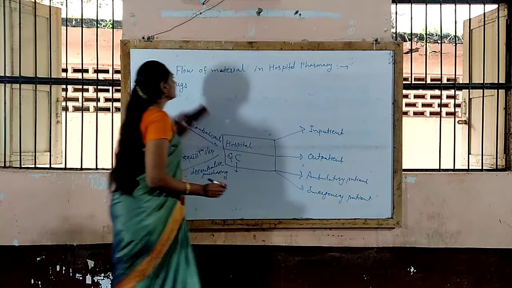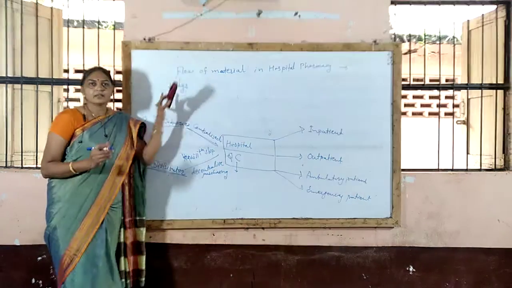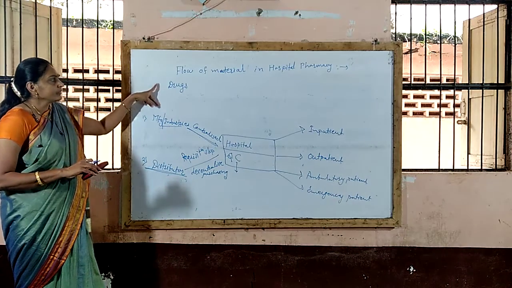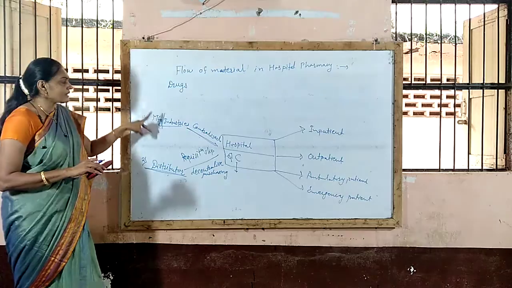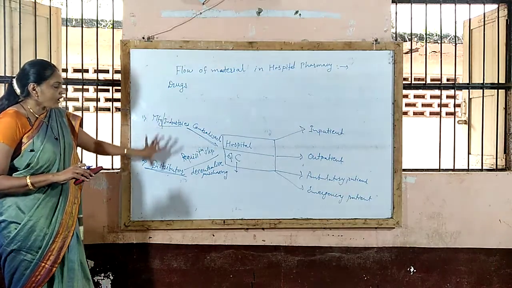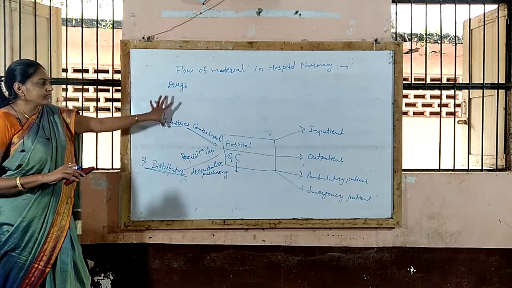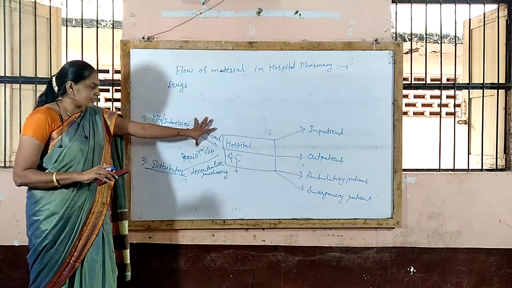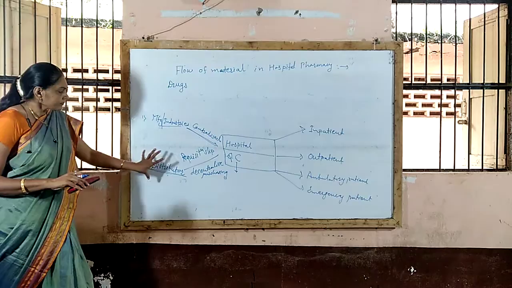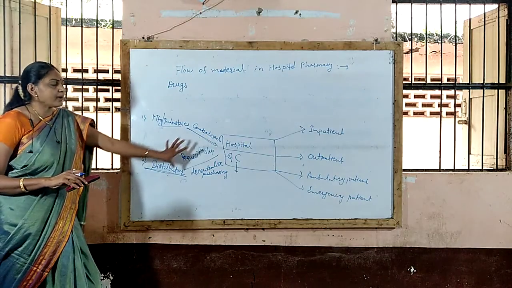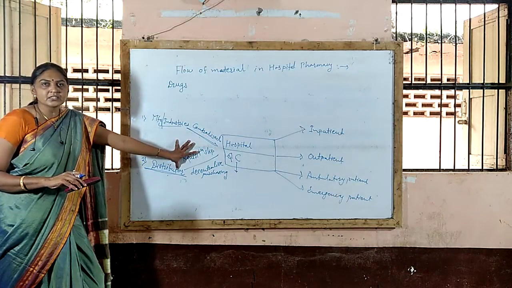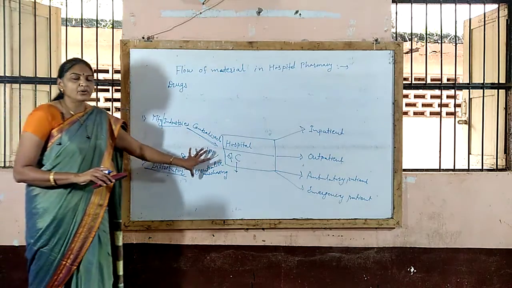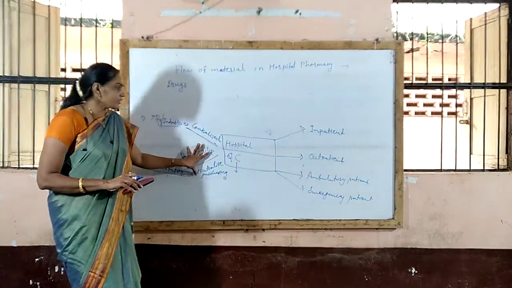This is about the flow chart of material inside the hospital pharmacy. The drugs come either directly from industry, called centralized purchasing, or from a distributor using a requisition slip, known as decentralized purchasing.